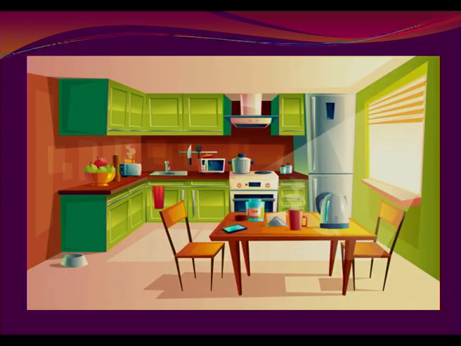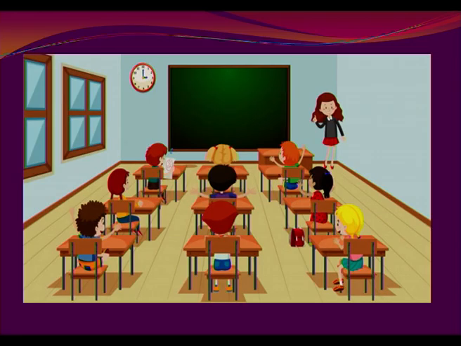So, once again you can observe what it will be. It is a kitchen. There are different shapes there. This is a classroom, so blackboard, clock, chairs, classroom walls, windows, you can see different shapes.